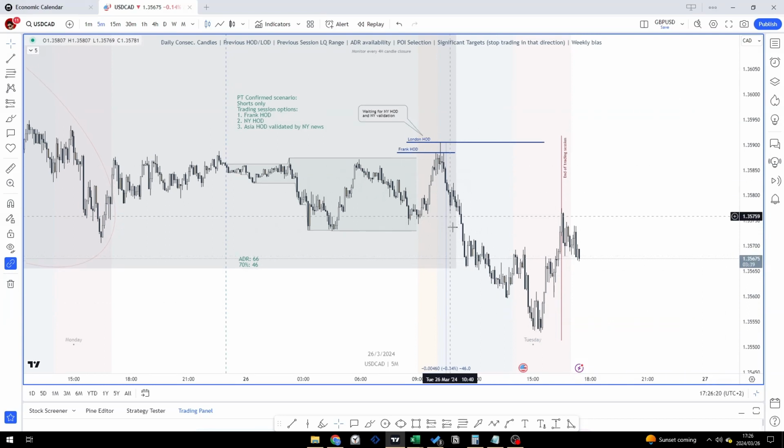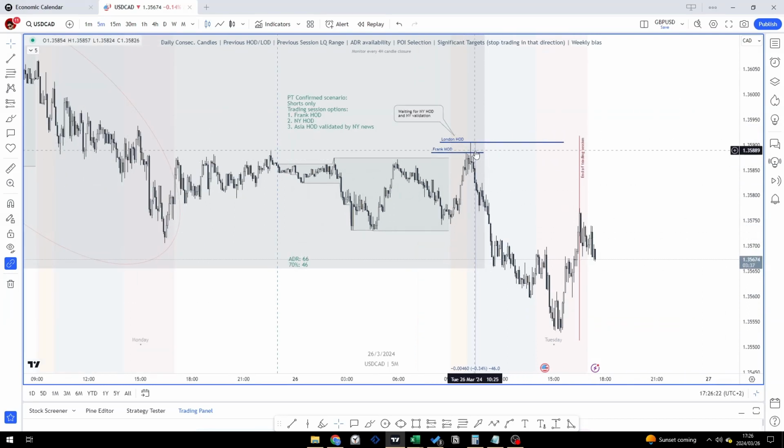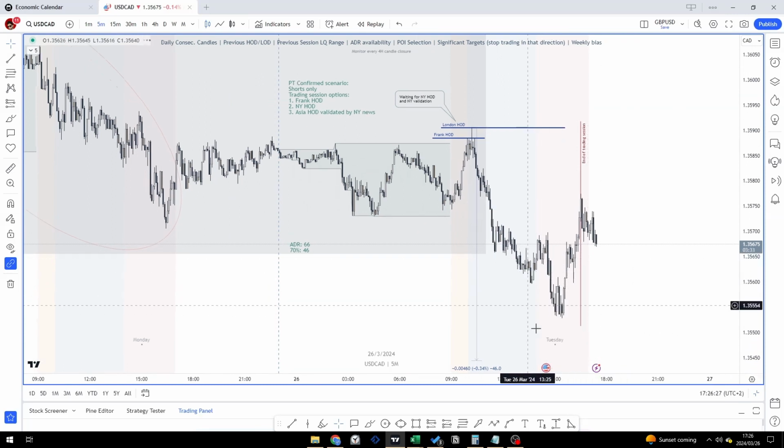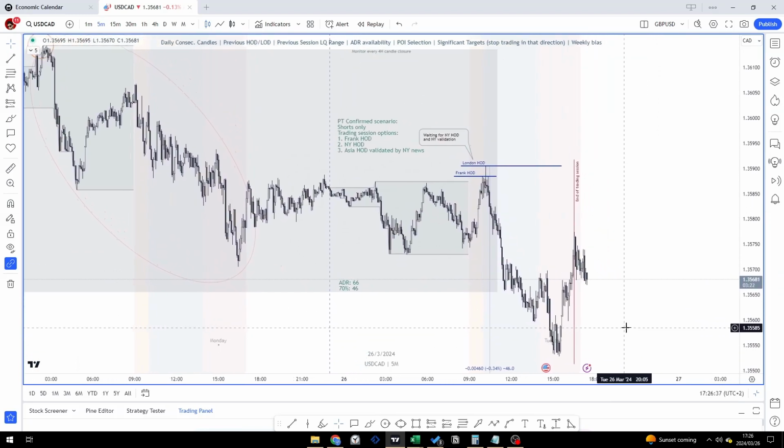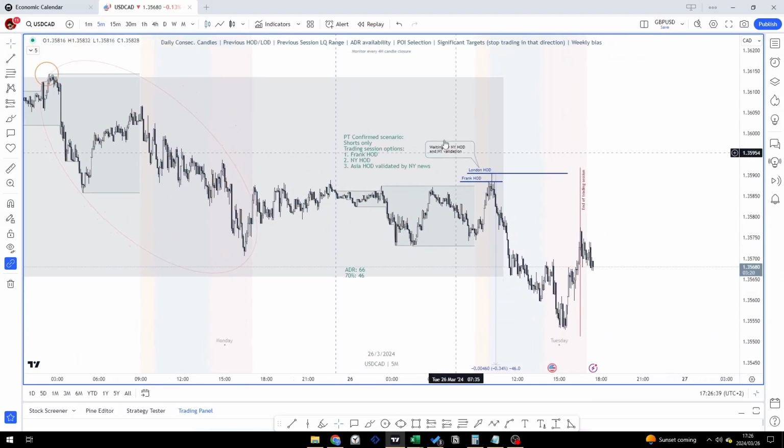So for that reason, I wasn't interested in trading. And then obviously we had negative USD news further supporting trading to the downside. However, again, we have a London high of the day, and I can't validate trading it. So from that perspective, that's pretty much USD CAD. No available opportunities for me, although we did get the daily direction correct.